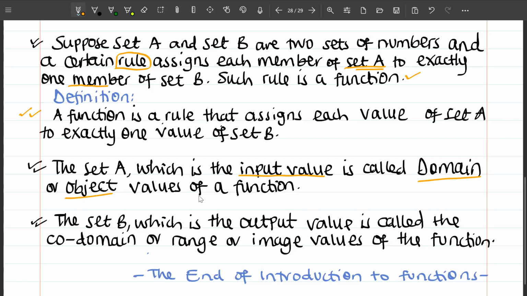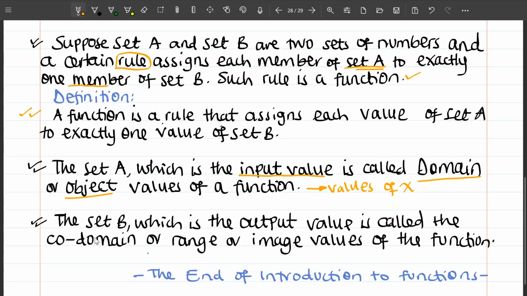So when I ask you to find the domain or the object, I'm asking you to give me the input values of the function. In most cases, the input values of the function are the values of x, but it depends on the question and the variables given.